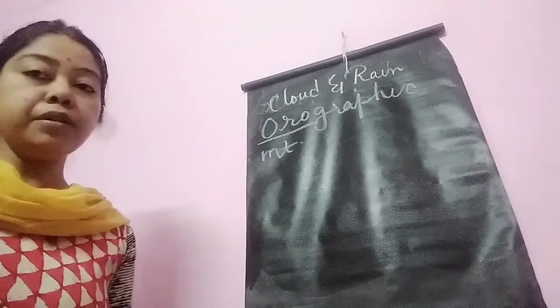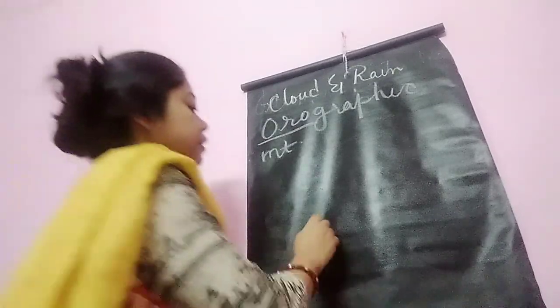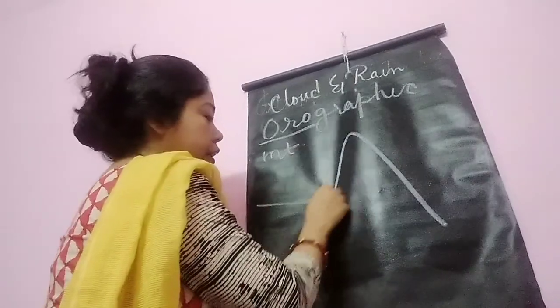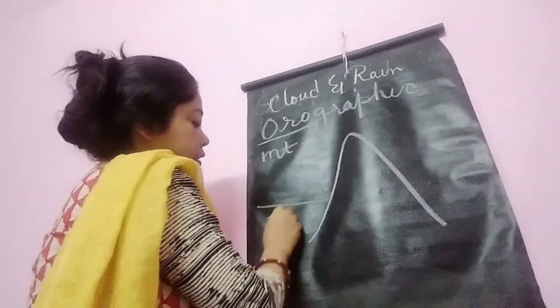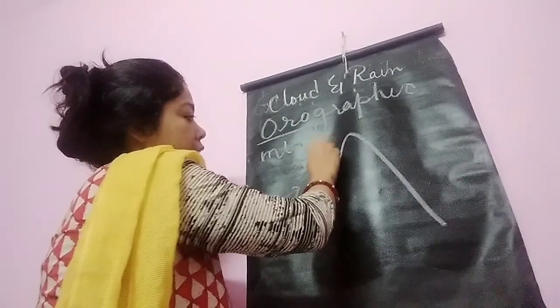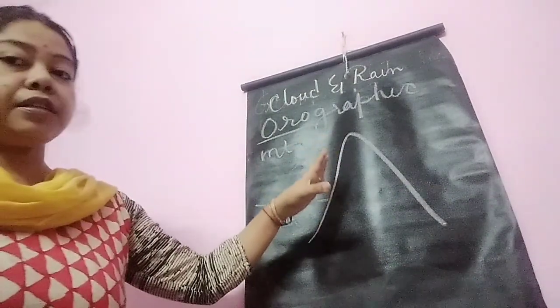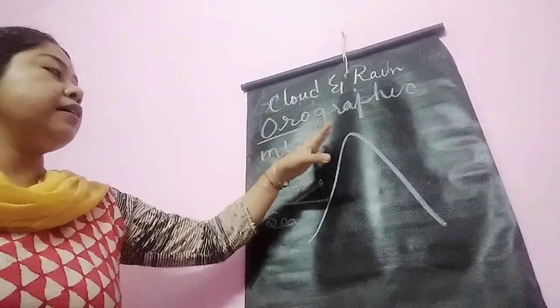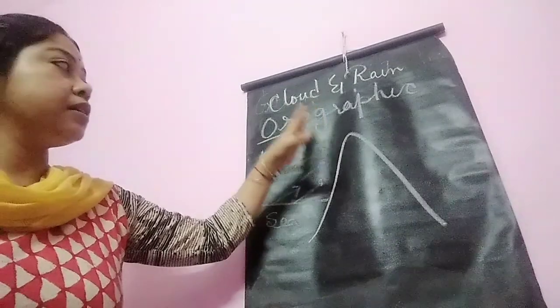When any mountain stands in the path of a moist wind, see, this is highland and this is sea. The moisture rises and accumulates on this side of the mountain. On this side, the air strikes and causes rainfall.